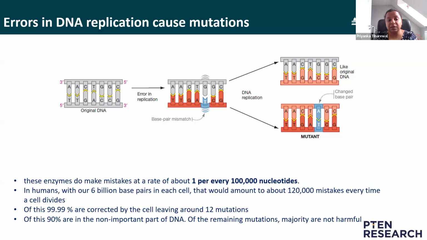Most of the mutations that we have are not going to be in the important part of DNA. Of the remaining mutations, which works out to be about 1.2, the majority are not harmful, so they will not cause any impact which is harmful to human beings, as in it causes diseases. So the likelihood of a mutation occurring which causes disease is really, really low.